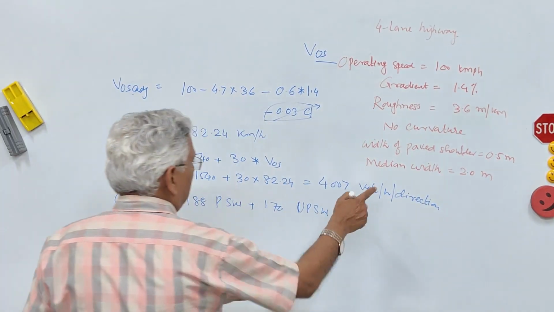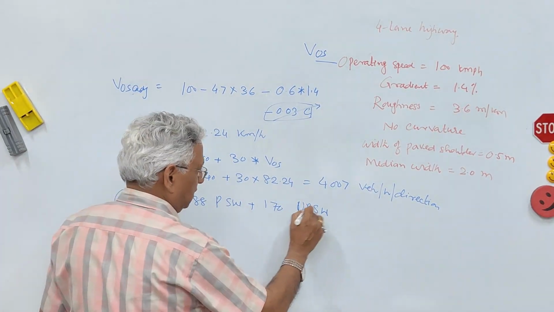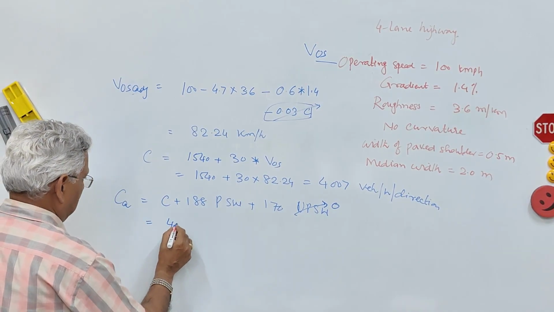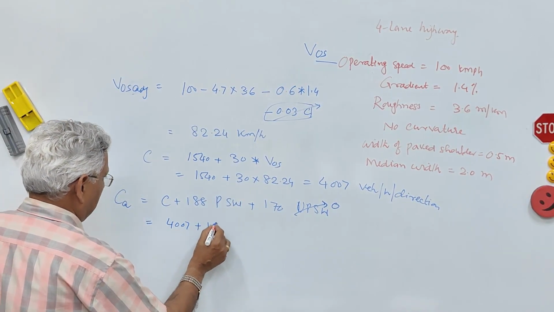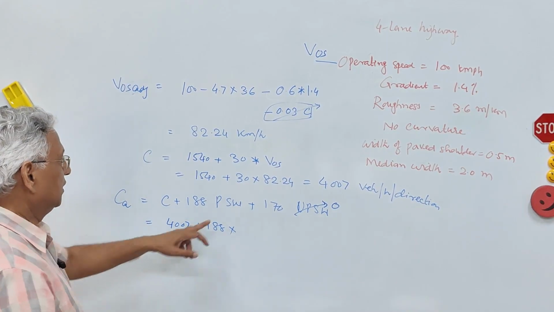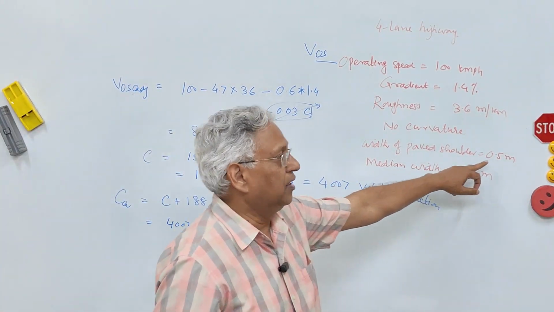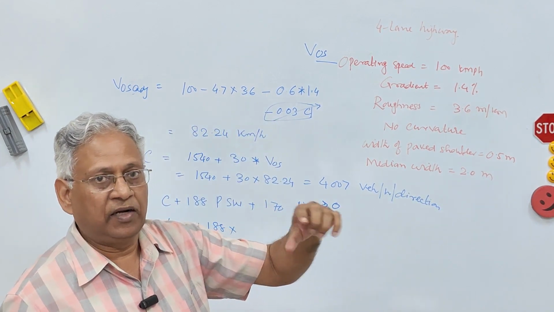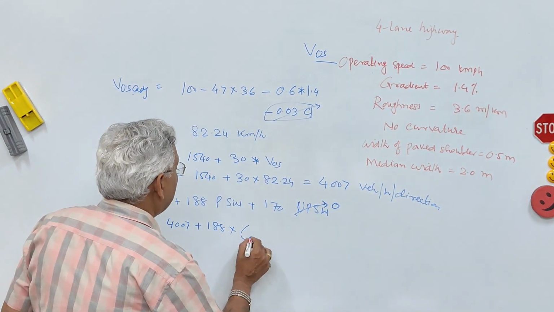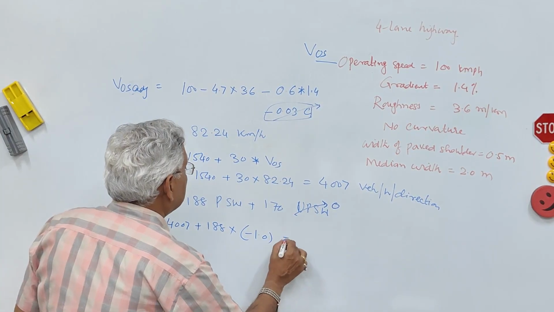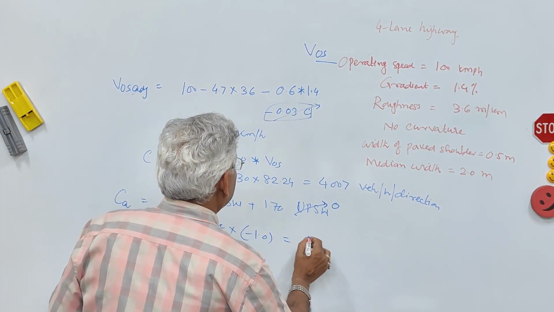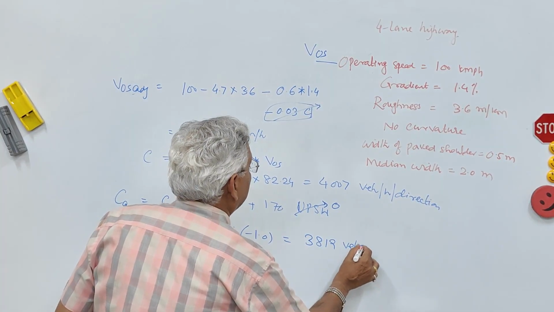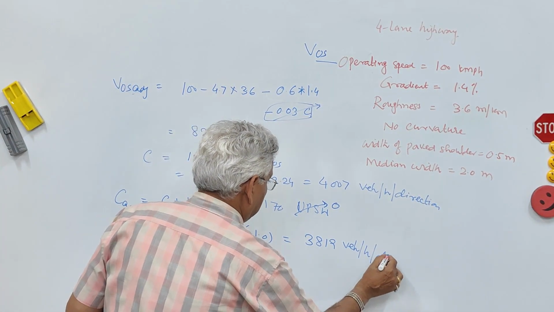So there is no unpaved shoulder, so this is 0, and C is 4007 plus 188 into paved shoulder, 0.5, and I told you the standard paved shoulder width is 1.5 meter. So here we should take minus 1.0. So the capacity is reduced. Now 3819 vehicle per hour per direction.